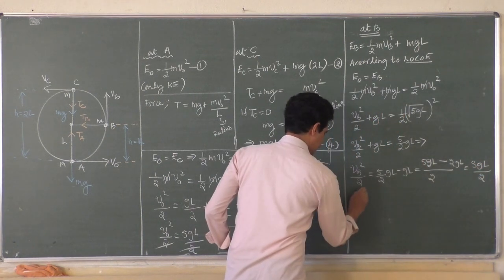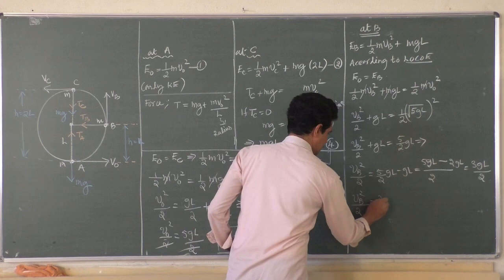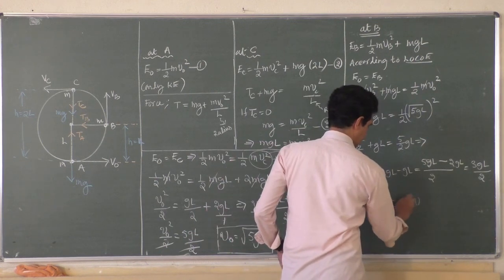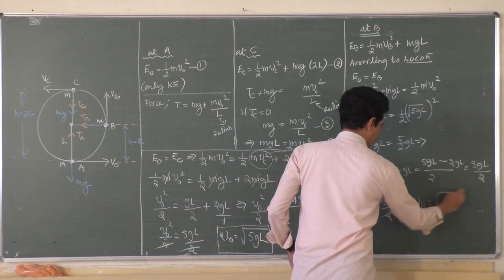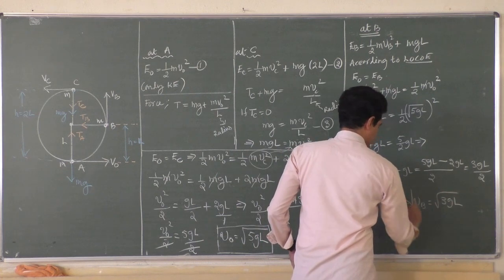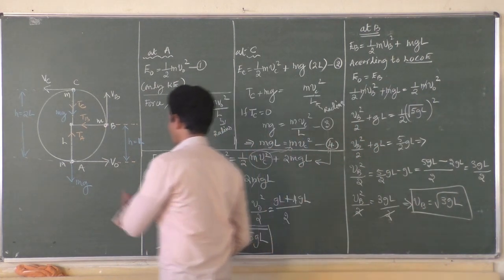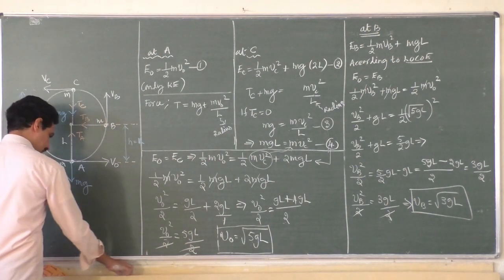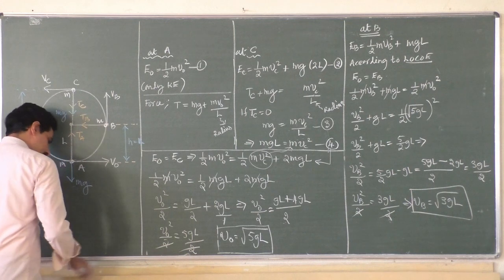Vb square by 2 is equal to 3gL by 2. The 2 gets cancelled. What is Vb? Vb is equal to square root of 3gL. So by the time it reaches position B, its velocity will become root of 3gL.